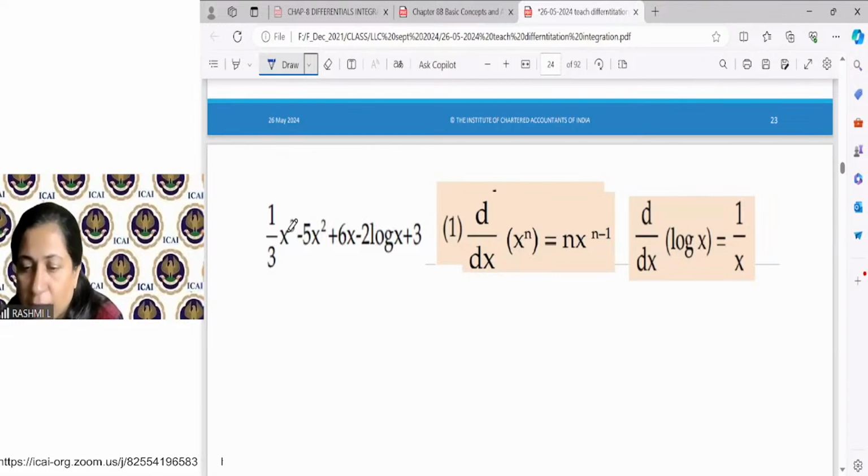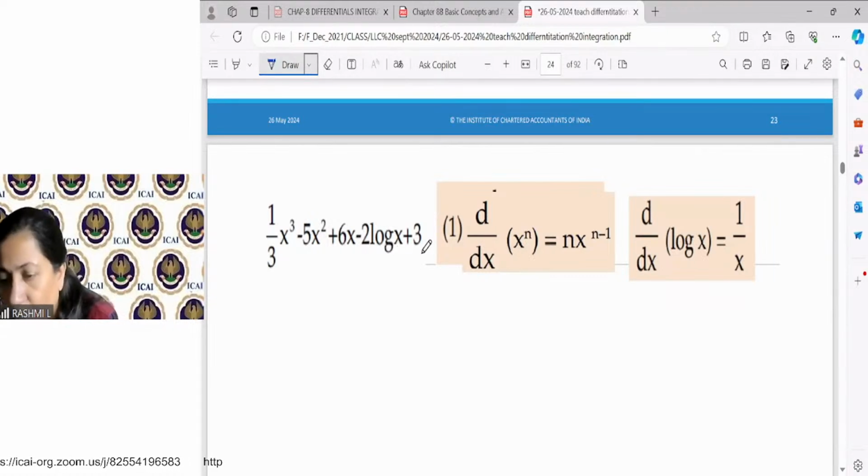Now, 1 by 3 x cube minus 5x square plus 6x minus 2 log x plus 3. Which formula am I using? d by dx of x raised to n and d by dx of log x.